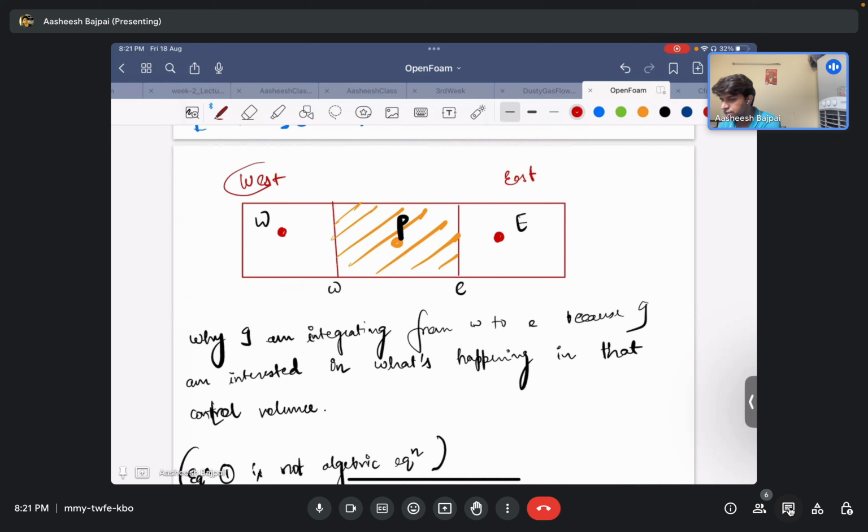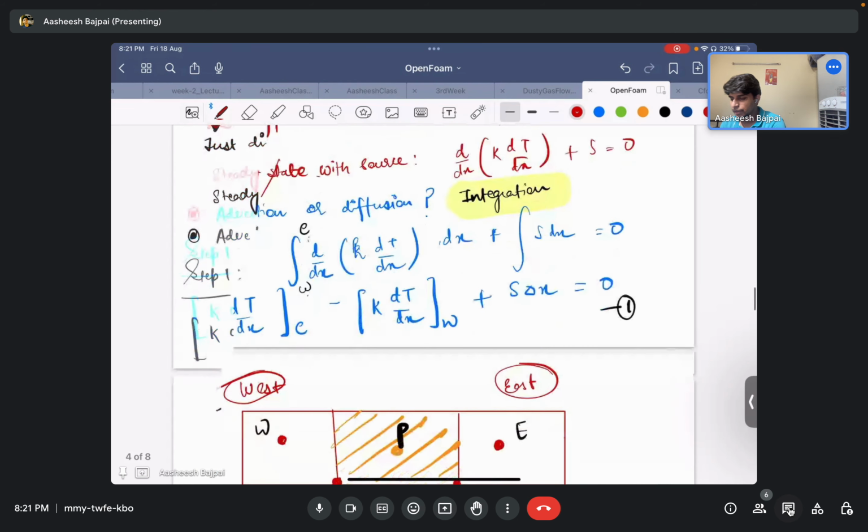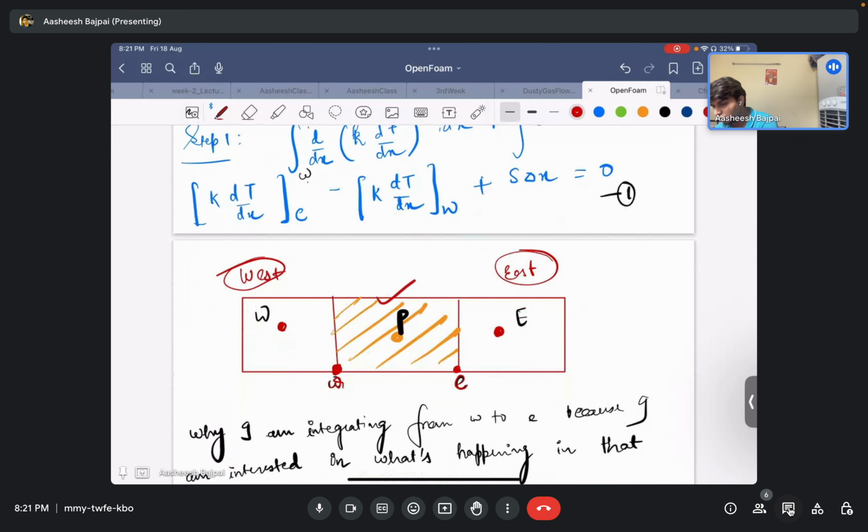So this is the western point, eastern point, and this junction is small w and small e. Okay. So I am solving for this control volume where I want to know the value of temperature. So from this western junction to eastern junction I will integrate for that equation. That is what I have done here.